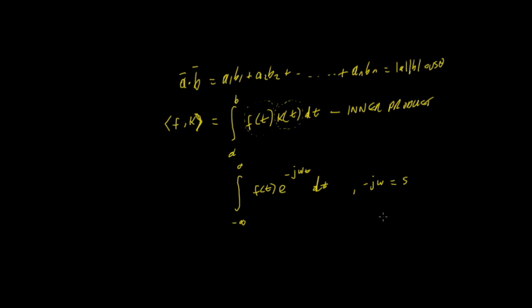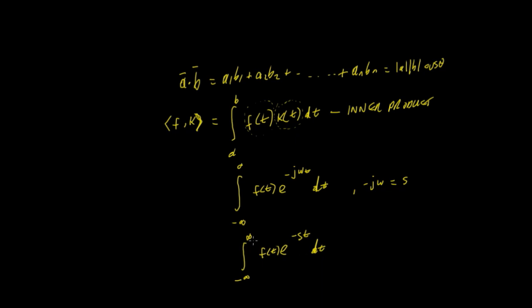Generally you won't see it written like this for the Fourier transform. I'm only writing it so we can derive a generalized integral transform equation. So we could see that Fourier transform written as the integral from minus infinity to infinity of f of t times e to the minus st dt.